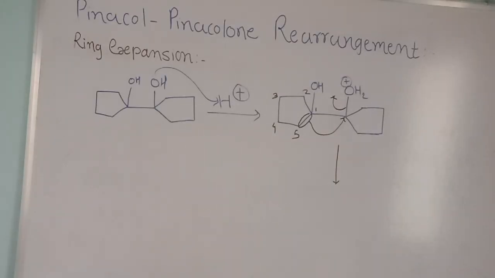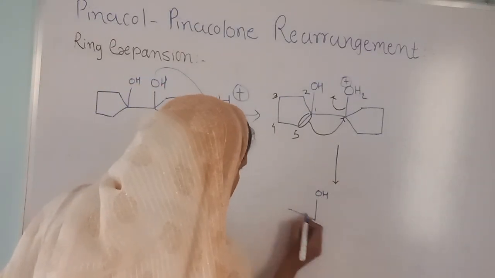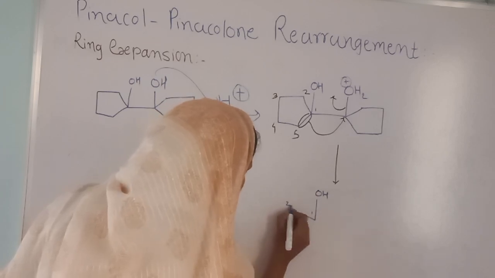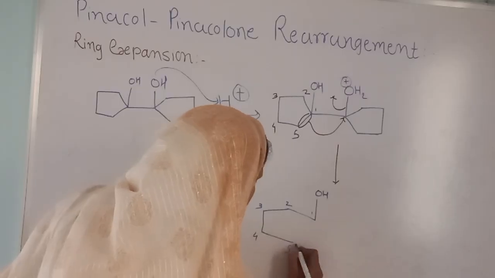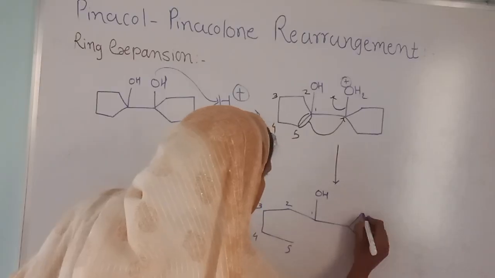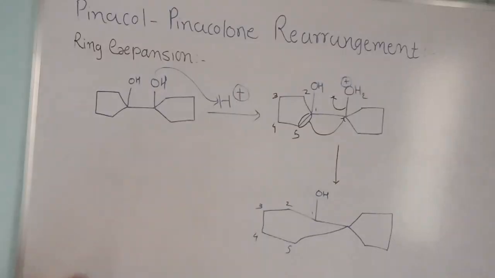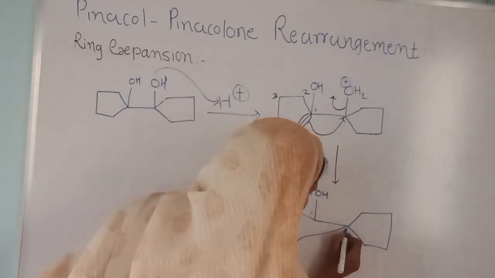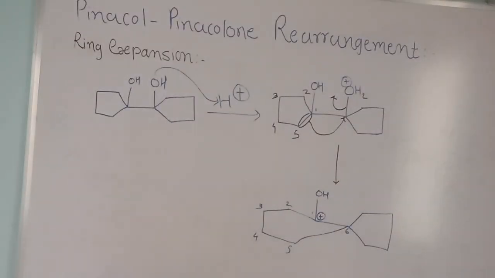What will be the next step? Which type of structure will be formed? Very good. As it is 1, 2, 3, 4, 5, and here, between this 5 and this ring, a new bond is formed. Here we get a six-membered ring, and at one position a carbocation is formed.